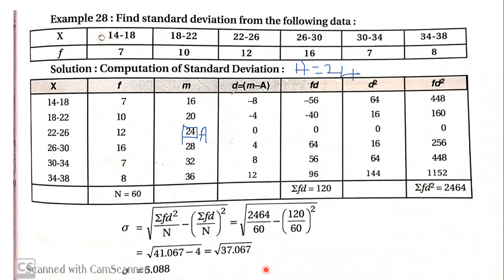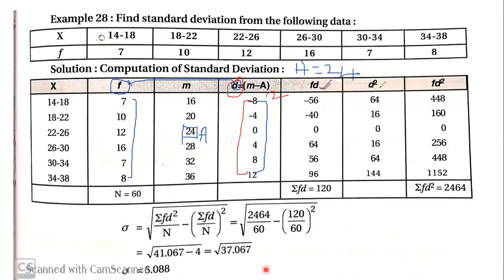Now the next step for me after finding deviations is to multiply frequency along with deviations. So the next step is FD. Calculate FD. Just multiply frequency into deviations. Now once I multiply them, I get FD. After this, take these deviations and square them. So this column has to be squared. Minus 8 into minus 8, minus 4 into minus 4, 0 into 0, 4 into 4, 8 into 8, 12 into 12.